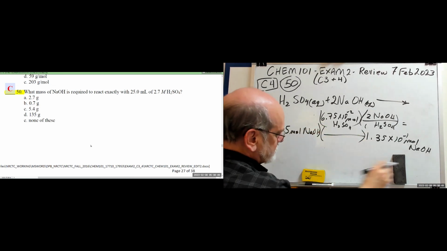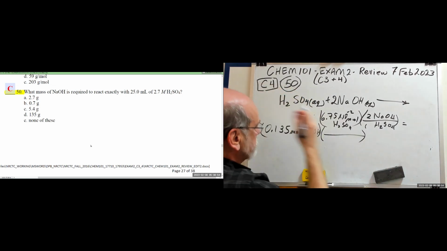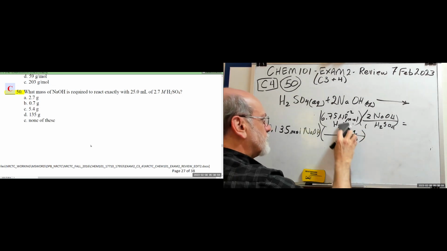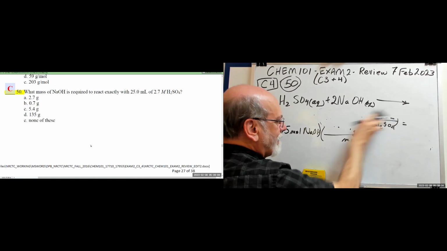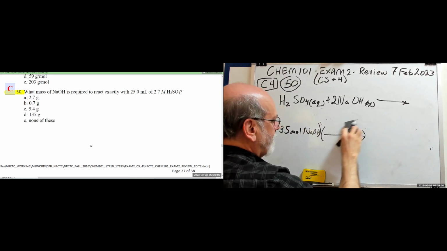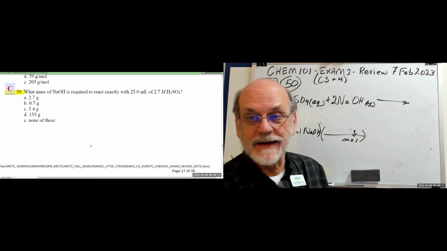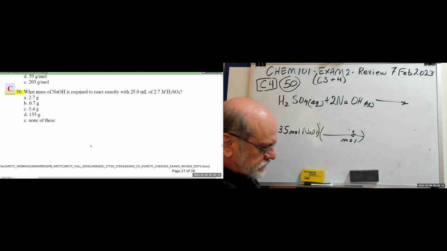So our conversion factor is moles on the bottom, grams on the top. There we go. So what is the molar mass of sodium hydroxide? Let's see, sodium is 23. Oxygen is 16. Hydrogen is 1.01.